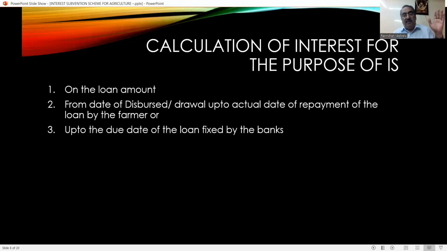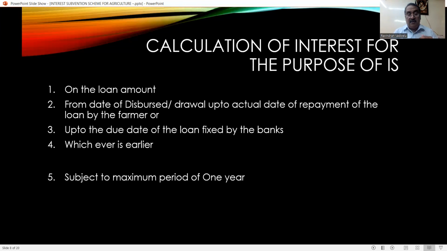Here, the loan would have been repaid in 6 months, but the due date would have been fixed by the banks as 1 year. But whichever is earlier. So the party is eligible to get the interest subvention only up to the date of repayment or up to the due date.